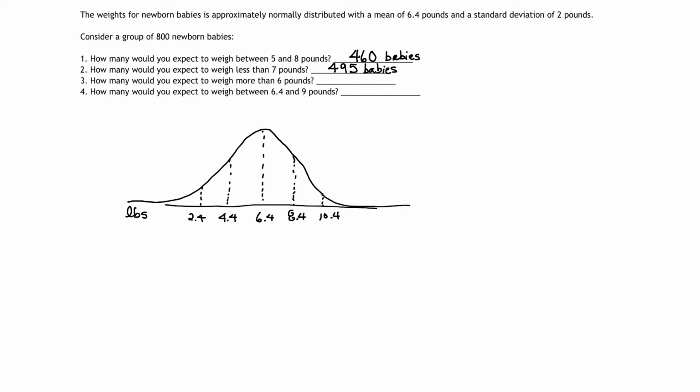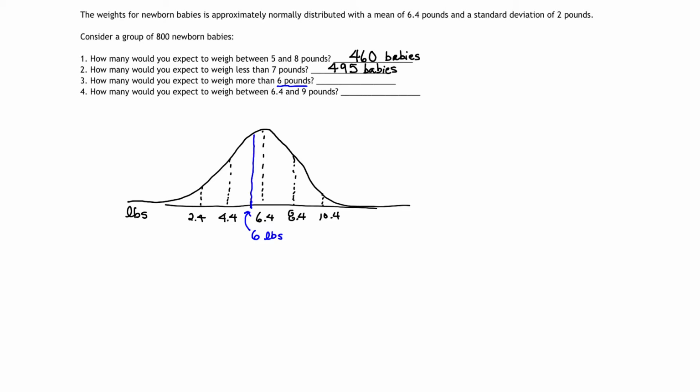Now we want to know how many babies we expect to weigh more than 6 pounds this time. So we can now locate, using the standard deviations as our reference point, where 6 pounds would be located. And I see that 6 pounds falls right here, just left of the mean.